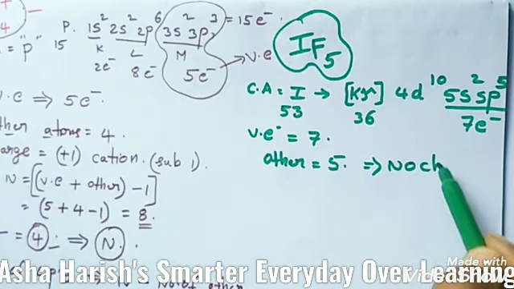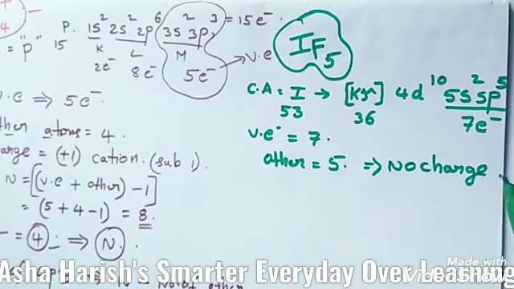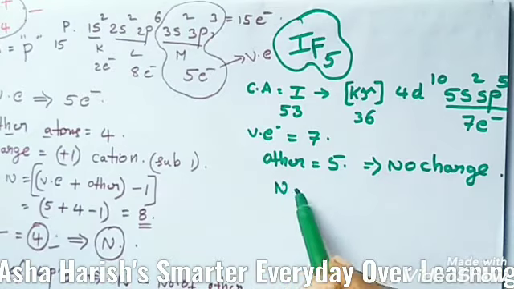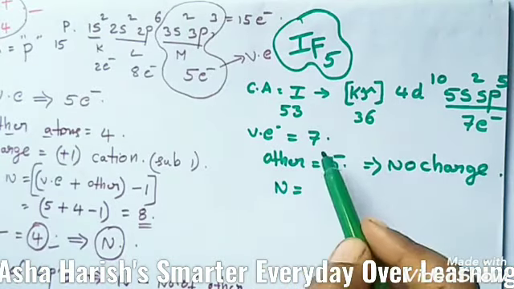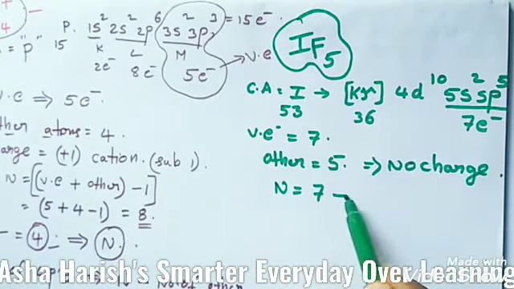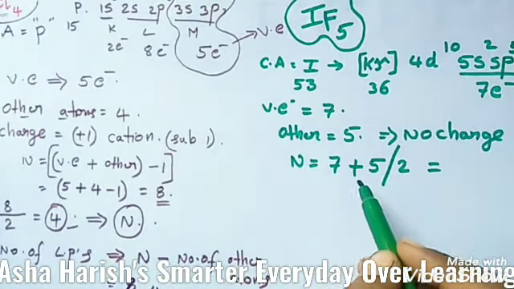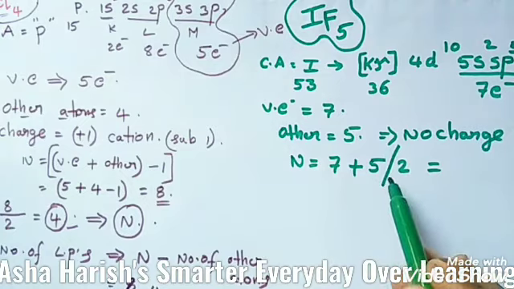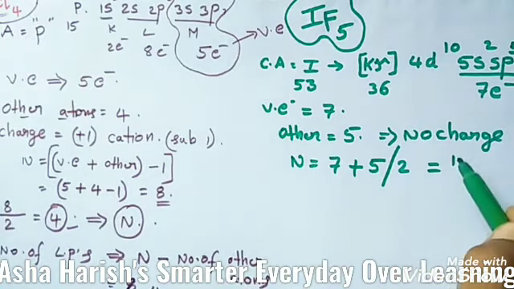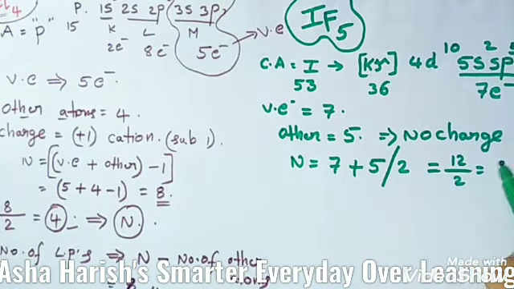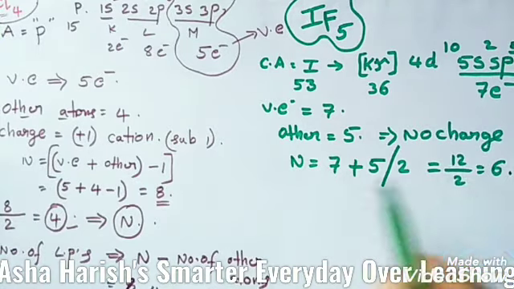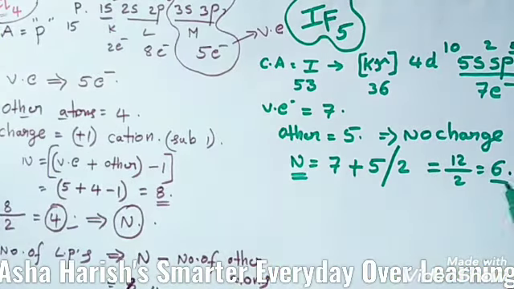Now you should find the n value based upon the valency electrons plus the number of surrounding atoms: 7 plus the other atoms 5, divided by 2. Here 12 by 2 is 6. So students, here you got the n value as 6.